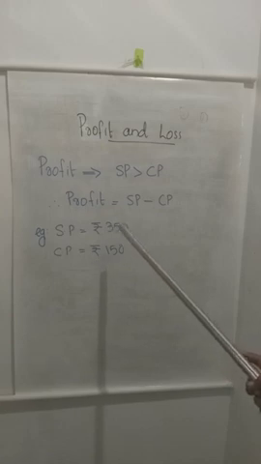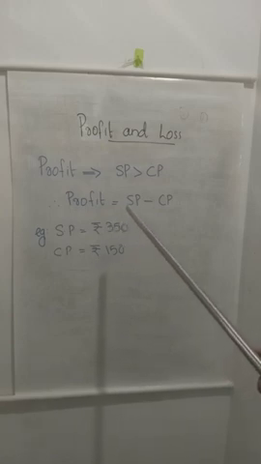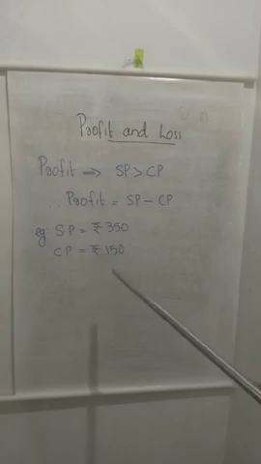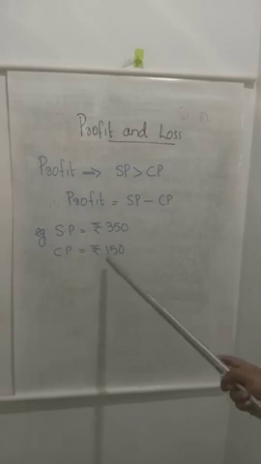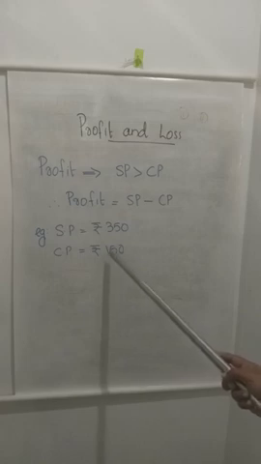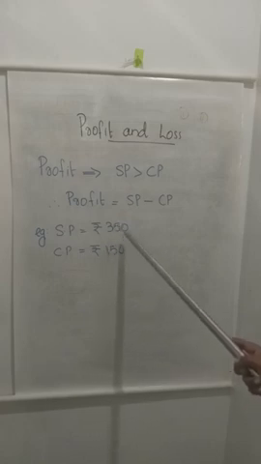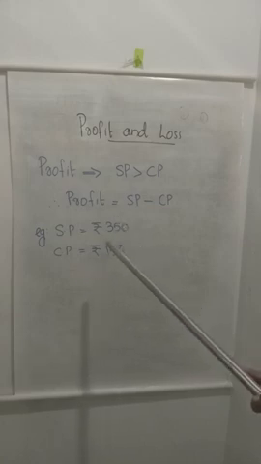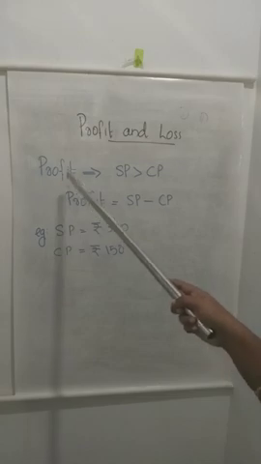What happens to me? Whether I gain money or I lose money. Think, I am buying it for how much rupees? 150 rupees and I am selling it for 350 rupees. That means some amount of money I am getting. That is known as profit.